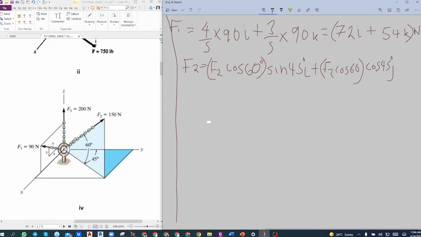This is j plus the k, which is simply F2 sine 60 degrees, and this will come to 150 times cos 60.